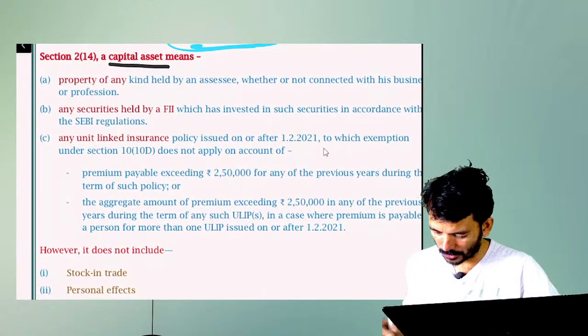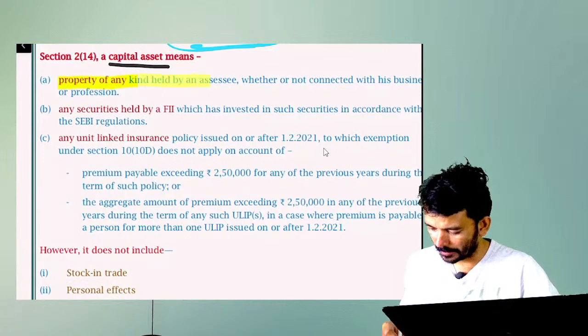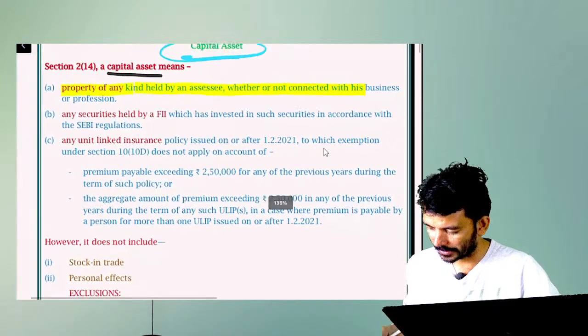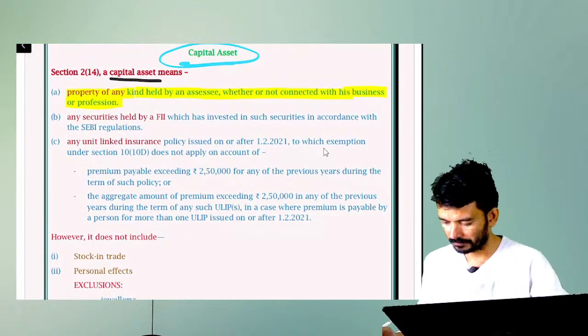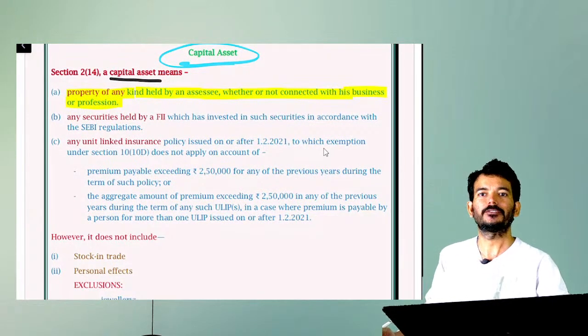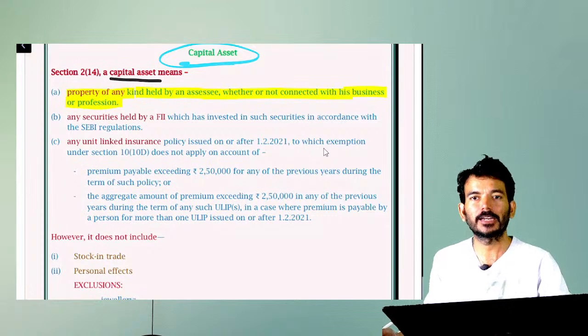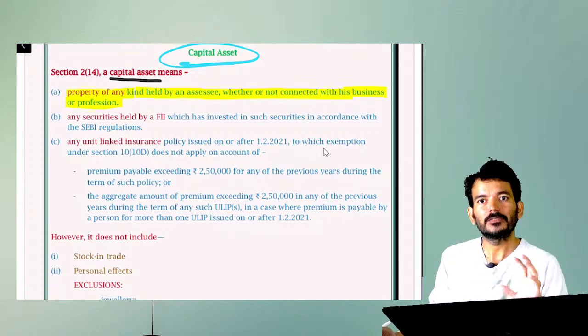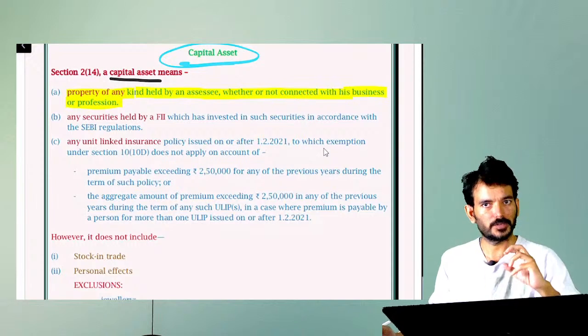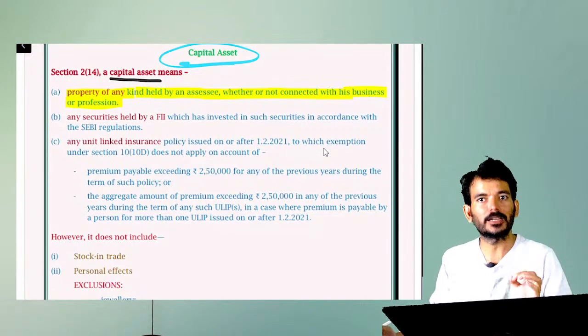Capital asset means property of any kind held by an assessee, whether or not connected with his business or profession. What does that mean? I'm having a building which I'm using for my personal purposes, so it is not connected to my business, but still it is a capital asset.